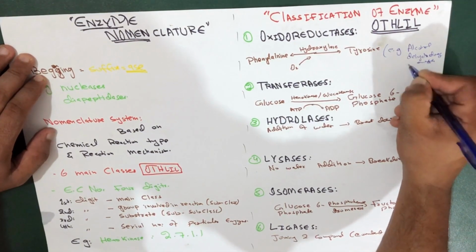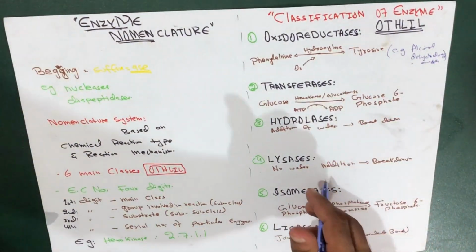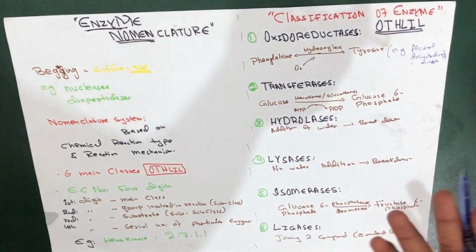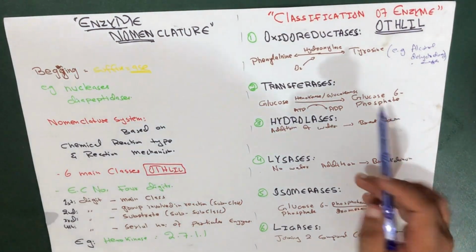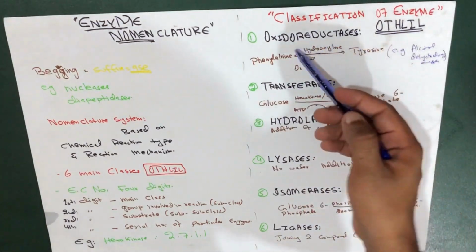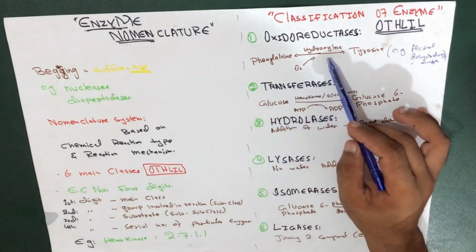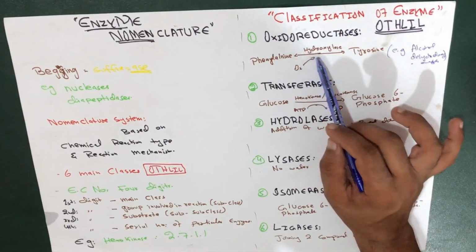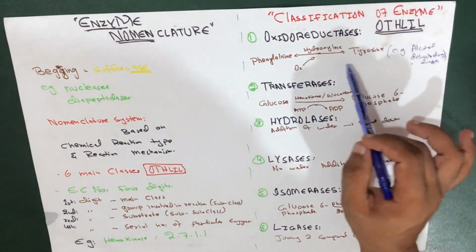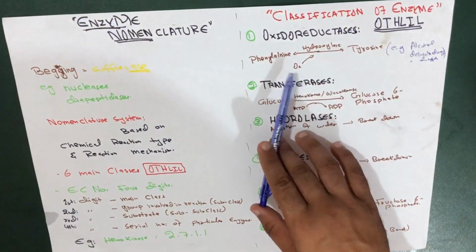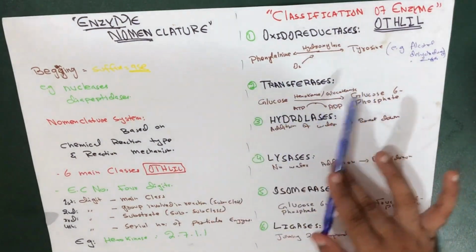And we have other examples such as lactate dehydrogenase and xanthine oxidase. One more example: phenylalanine, where oxygen is being added, using phenylalanine hydroxylase, an oxidoreductase enzyme which converts phenylalanine to tyrosine. The best example I could find.